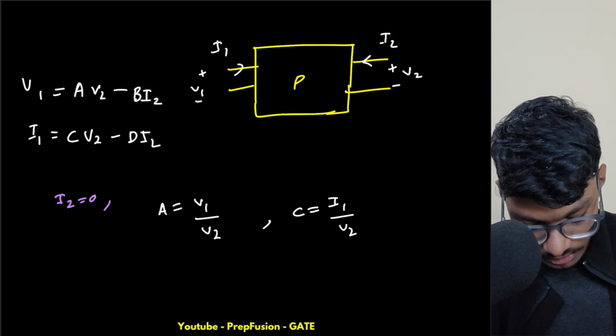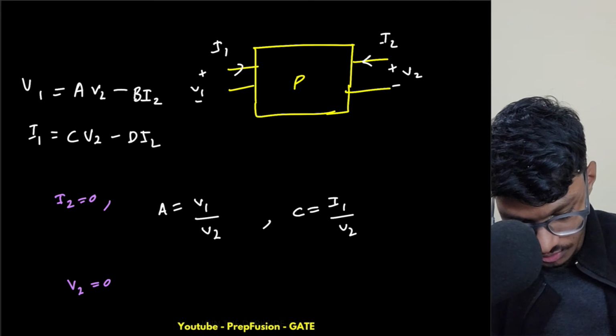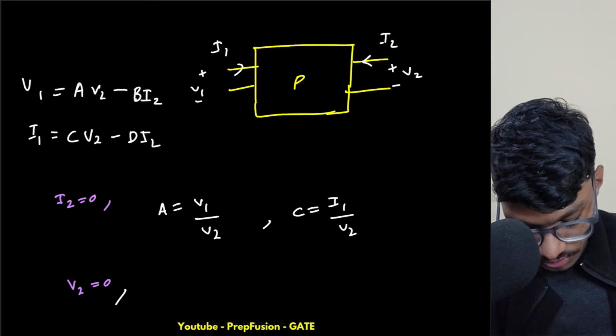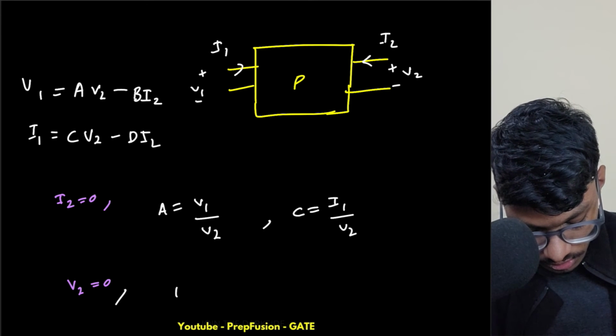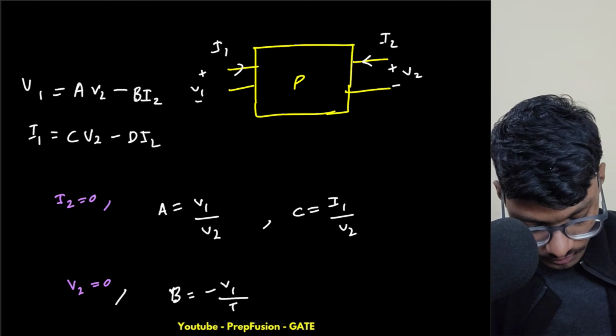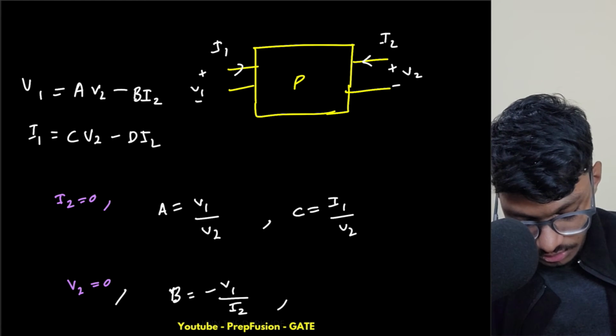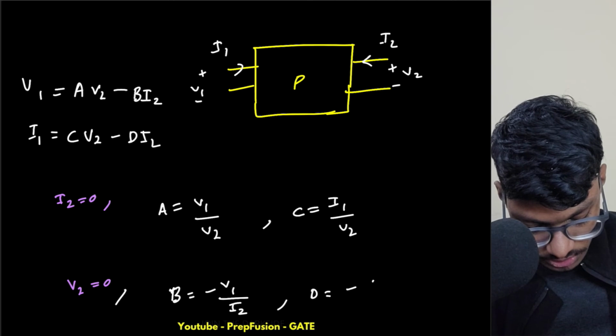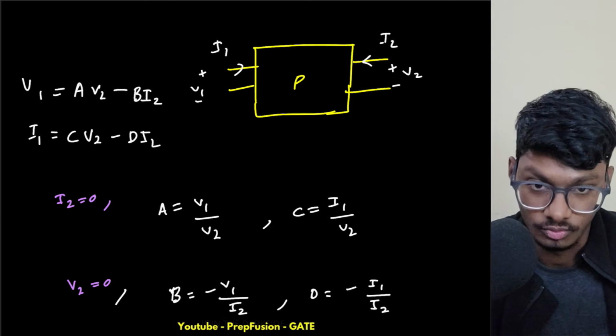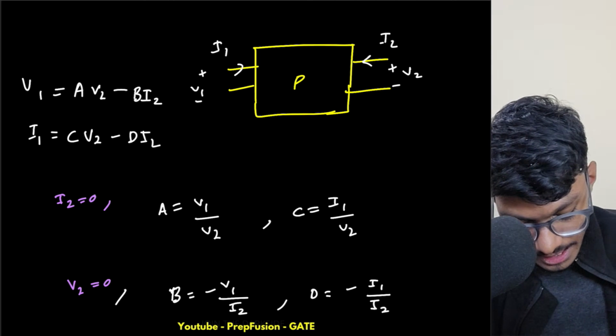And if I make V2 equal to 0, then your B will be minus V1 upon I2, and your D will be minus I1 upon I2.